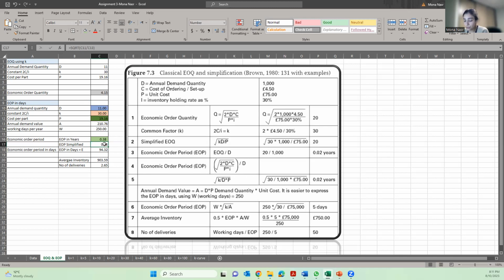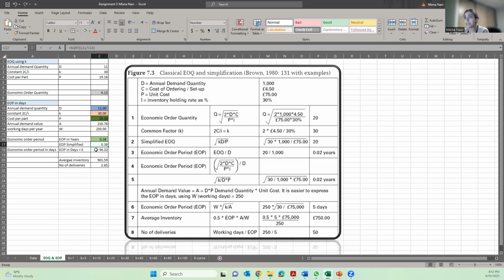And after that, the simplified EOP, as you can see here in this picture also, is going to be the square root of K divided by A, where K is 30, and A, which is the annual demand value, is 210.76 here. It's the same as EOP in years, EOP simplified.